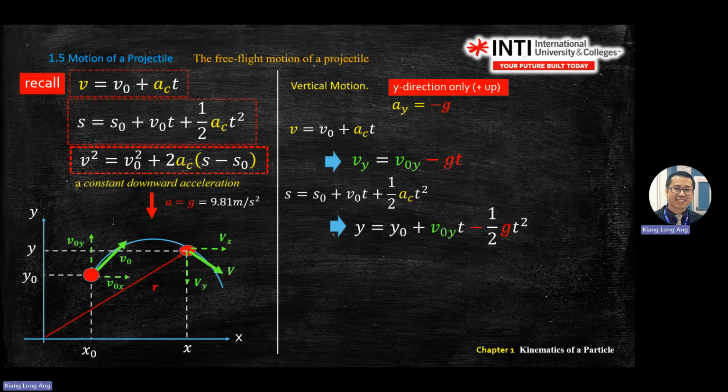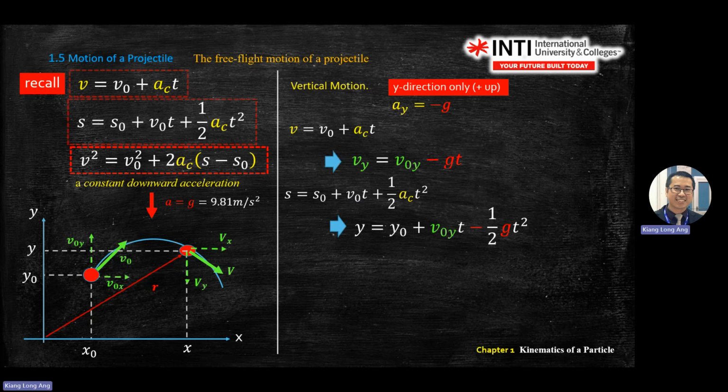So you apply the same. The second equation becomes negative g, right? Of course, the velocity here is the Y component. This is Vy, this one also Vy. And the displacement here is Y direction, it's not X direction.